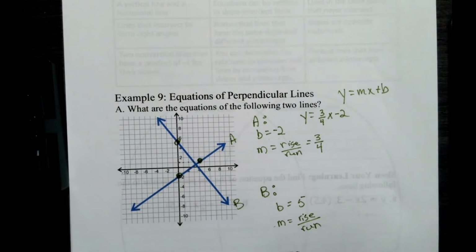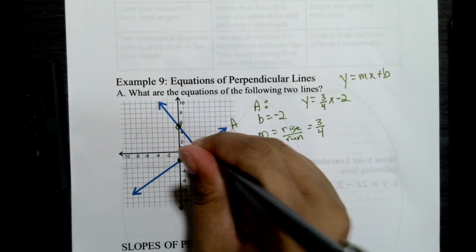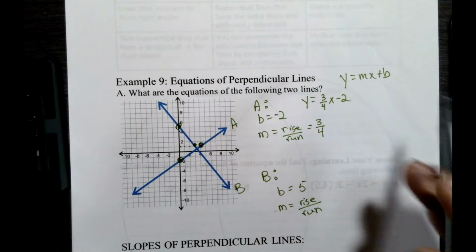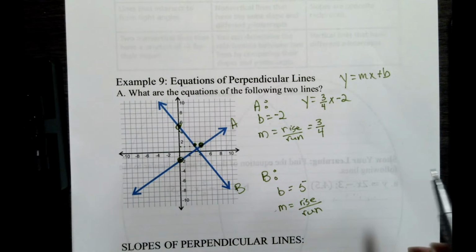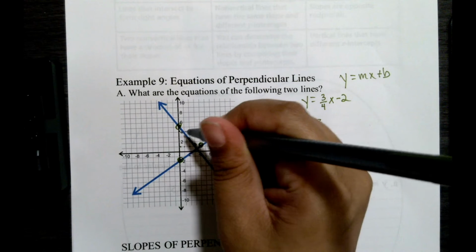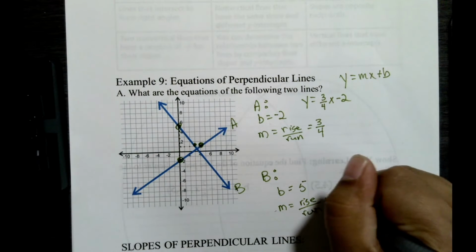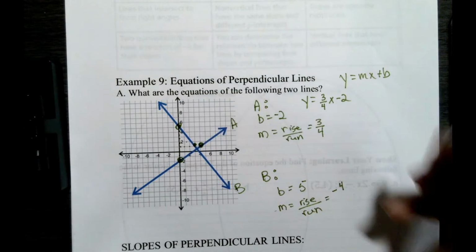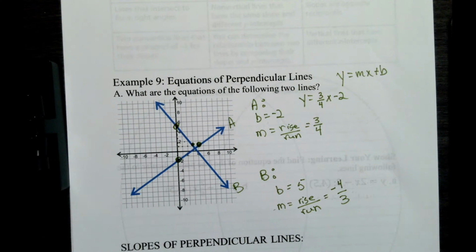So we're going to go down 1, 2, 3, 4. Since we went down, it's negative, over 1, 2, 3. So -4 over 3. Okay, so then our formula is y equals -4 over 3x plus 5.